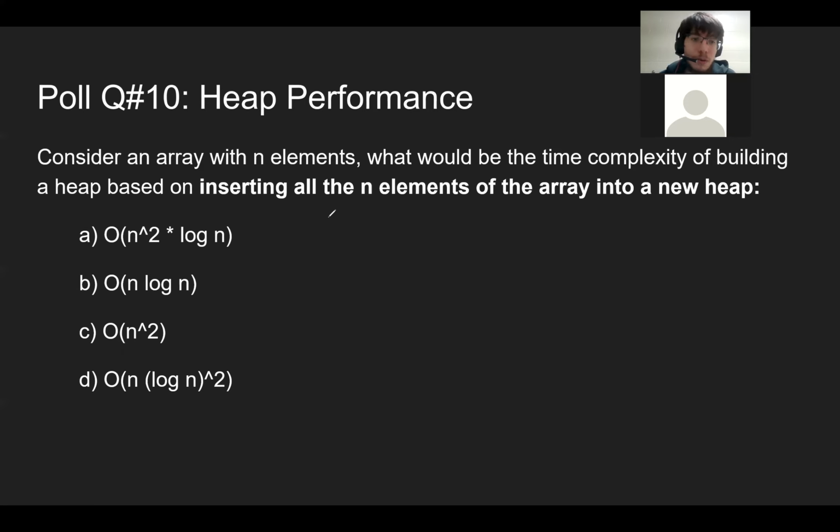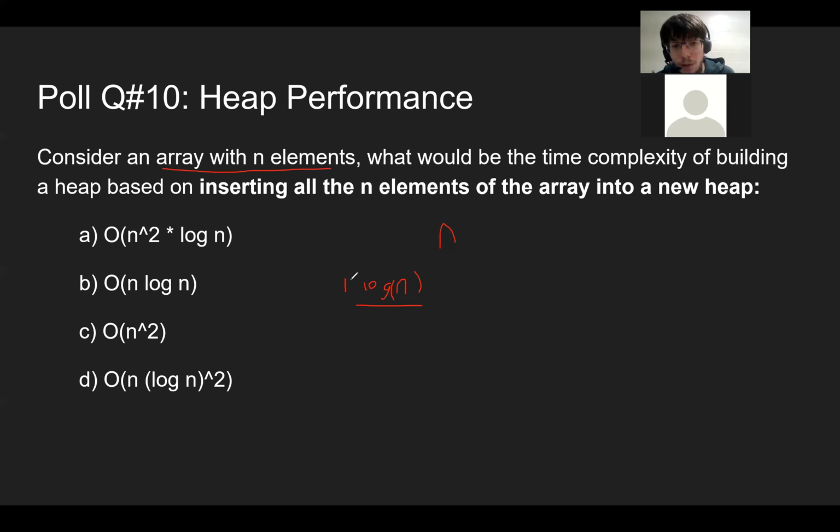Well, okay, so to build a heap, we know is only n, but the problem is that in order to insert all the elements into a new heap, if we already have an array with n elements, we have to extract each one by one. And that means that each time we want to get an element from our original heap, that takes log n time just to remove one.